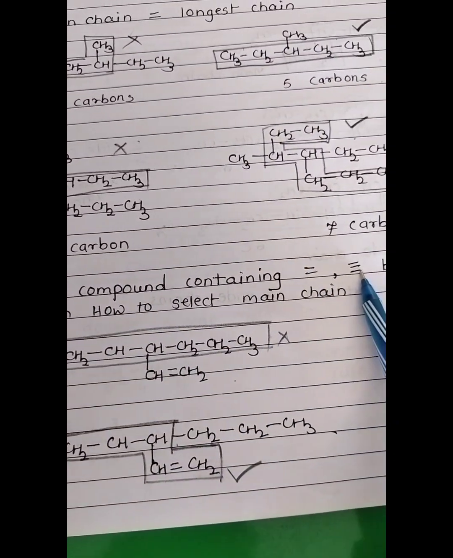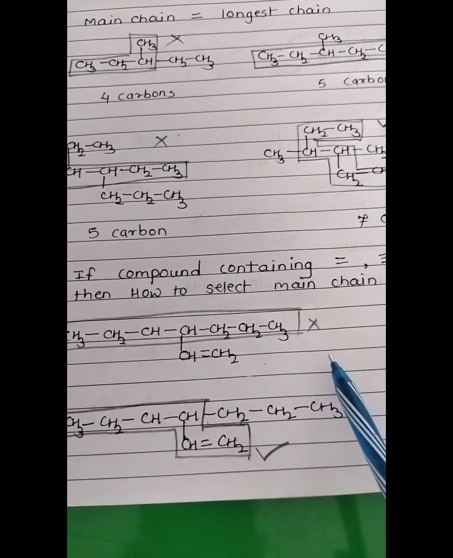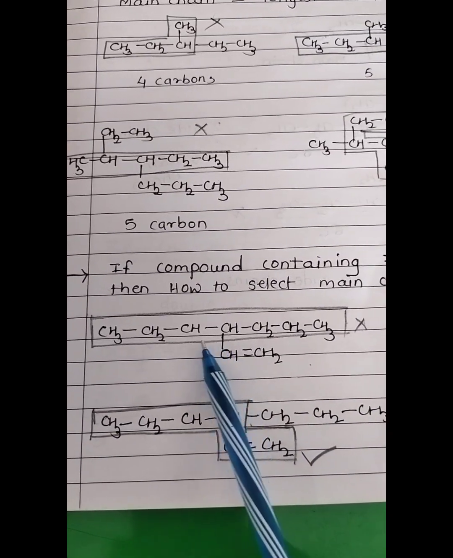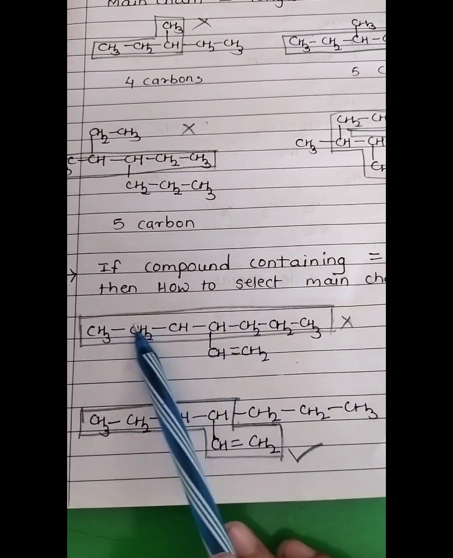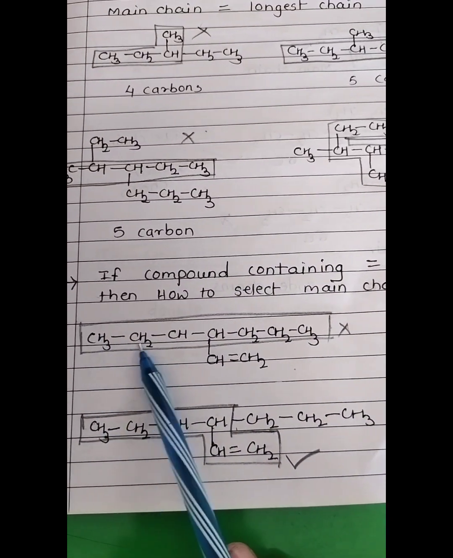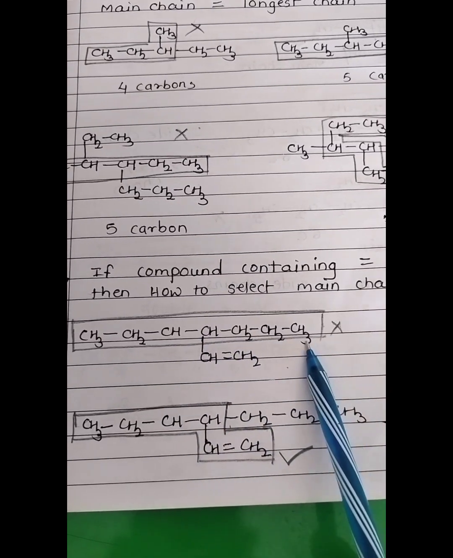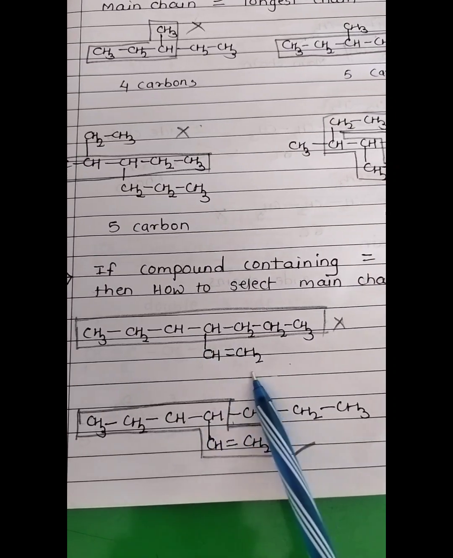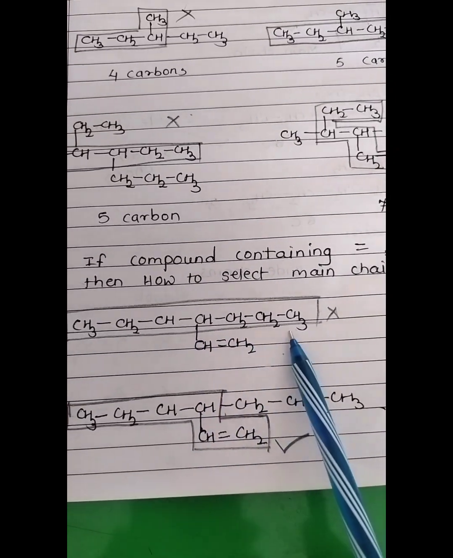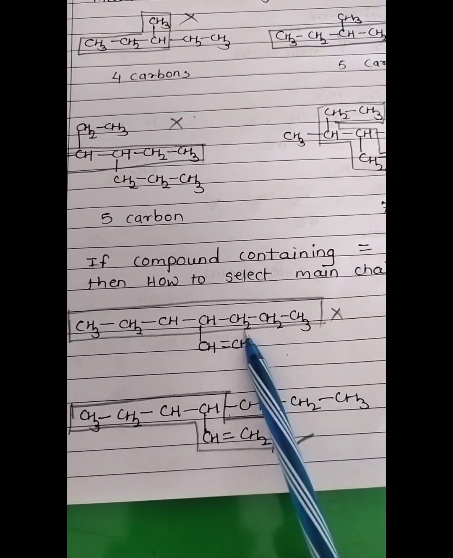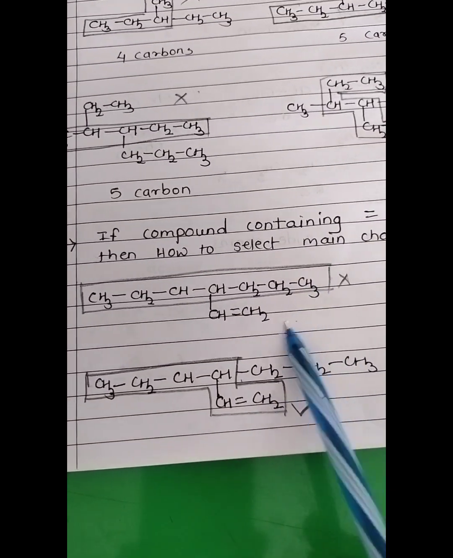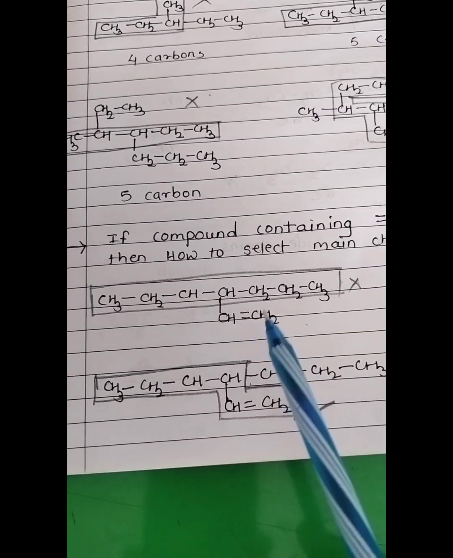If the compound contains a carbon-carbon double bond or carbon-carbon triple bond, then how do we select the main chain? For example, if we select this as our main chain, in this compound there are 1 2 3 4 5 6 7 carbon atoms, but we did not select this double bond. So this is the wrong way for selection of the main chain.